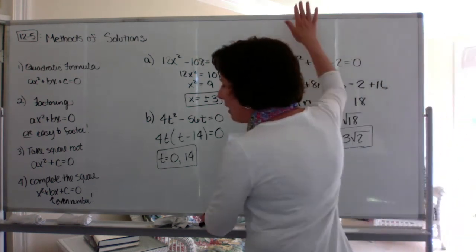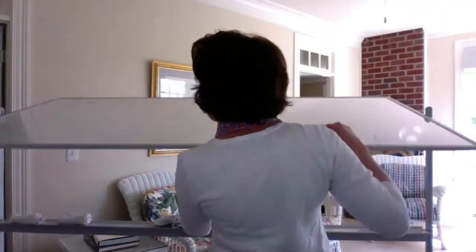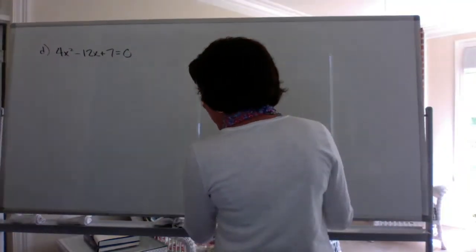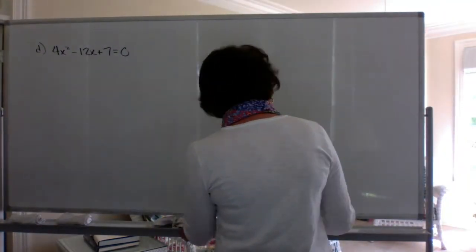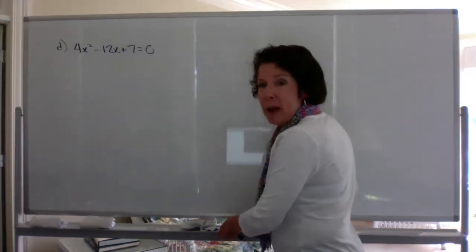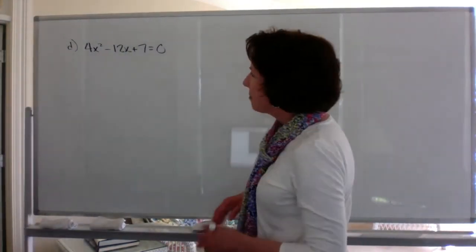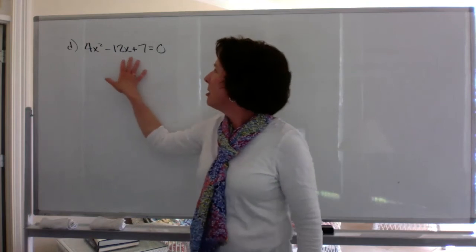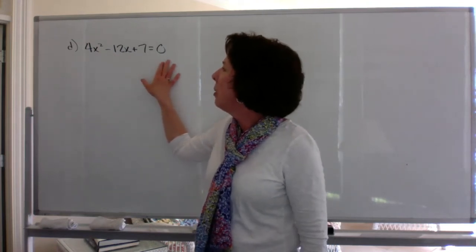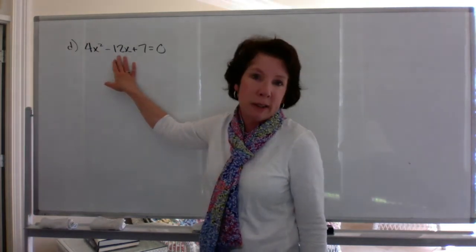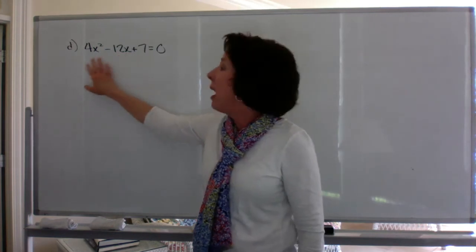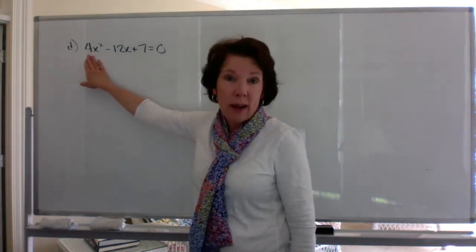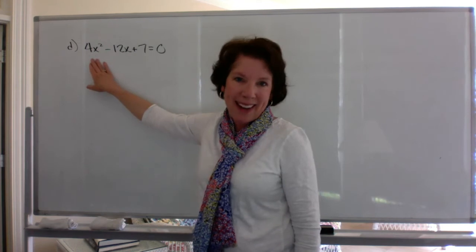Alrighty, now I think you can guess what's going to happen on the last side, but let's go ahead and do it just so we can have a good review of that and make sure you're feeling good about it. This is 4x squared minus 12x plus 7 equals 0. Okay, well this is even, so completing the square would be great, but this is not a 1. So completing the square would be a real pain.